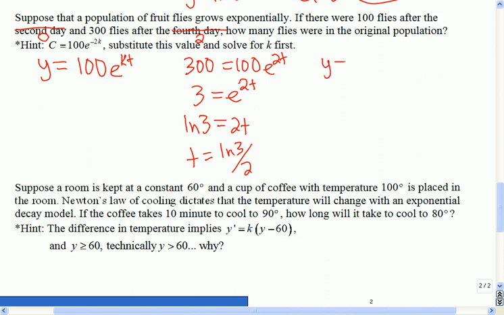So my model is this. Sorry, yeah, it should be a k. Equals natural log 3 over 2 times the time.